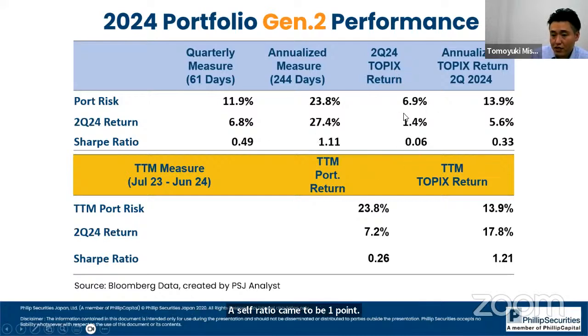And Topix's return is like that. Portfolio risk is 6.9%, relatively stable, and quarterly return was 1.4%, and annualized it's like that. Our portfolio return was better than the Topix.